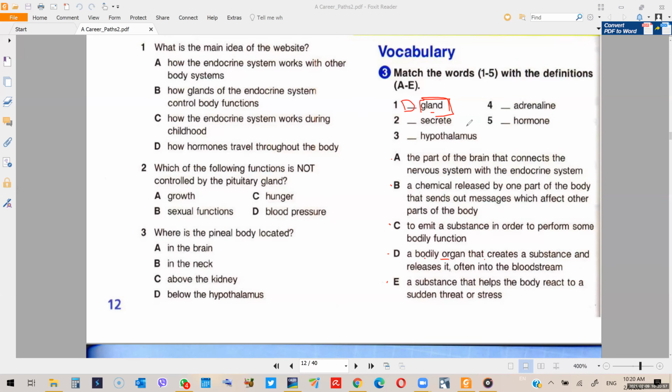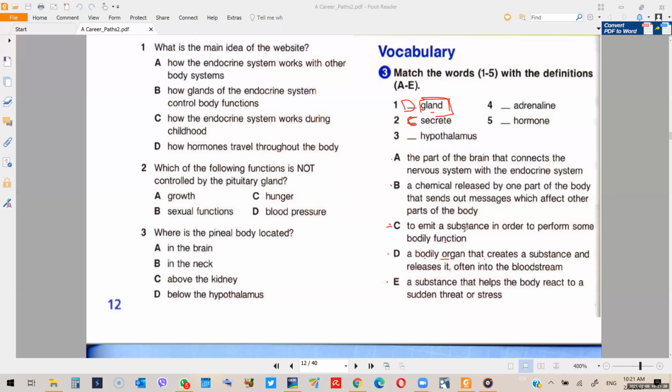Number 2, secret is C, to emit a substance in order to perform some bodily function. So secret, it is C, to emit a substance. It means to push or extract a substance in order to perform some bodily function.